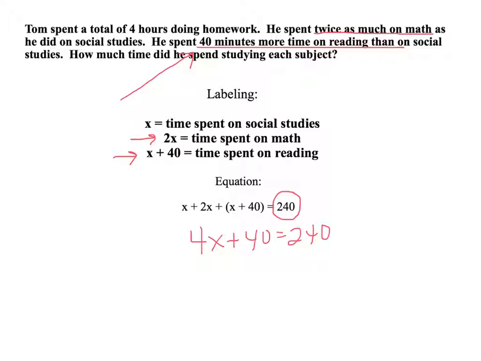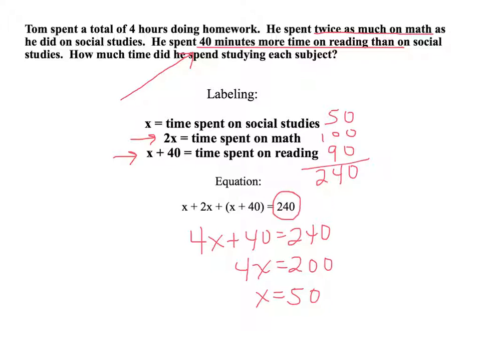I would subtract 40 from both sides and get 4x is equal to 200. So now x is equal to 50. So that means that he spent 50 minutes on social studies, 100 minutes on math, and 90 minutes on reading. Once again, adding all those up, I do have 240 minutes. So that is the answer to this particular problem.